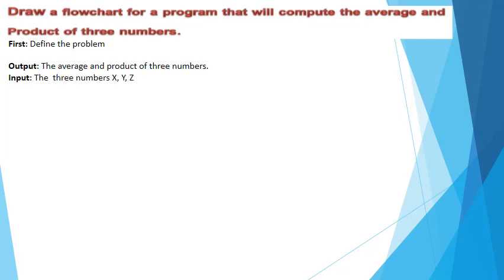The three numbers are x, y, and z. Solution: average equals x plus y plus z divided by 3, the product is x times y times z. And please notice that division in the programming language is written as a slash and multiplication is written as a star.